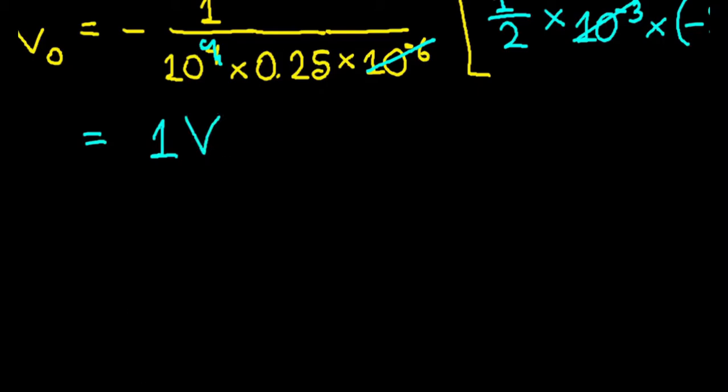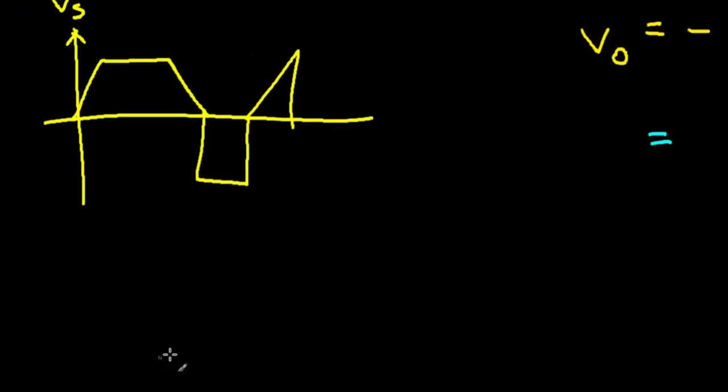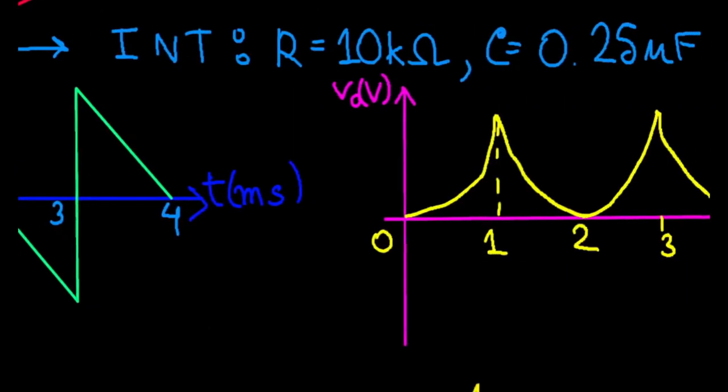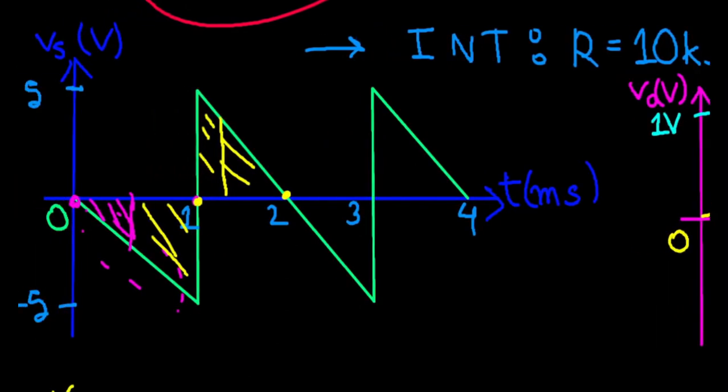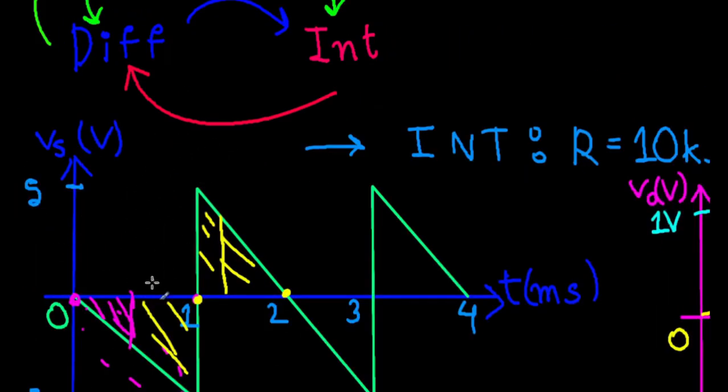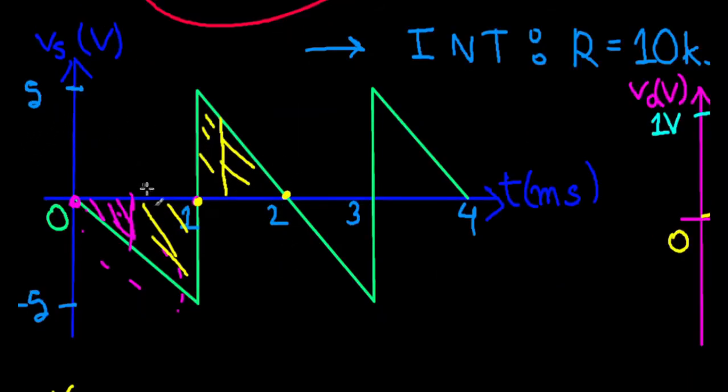All right, so that should be my maximum value here. This value is 1 volt, so it's going to peak at 1 volt every odd second, you could say. So this is my output voltage. This is the graph of my output voltage, and it should appear very fascinating to you because you have your sawtooth voltage curve.